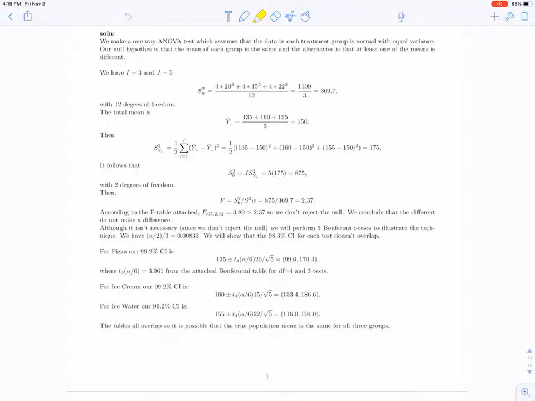And so I do that here, and I get the cutoffs for each, like t with alpha over 6. I get that from the Bonferroni table. And you can see these three intervals do not all overlap with one another. So it is possible that the true population mean is the same for all three groups.